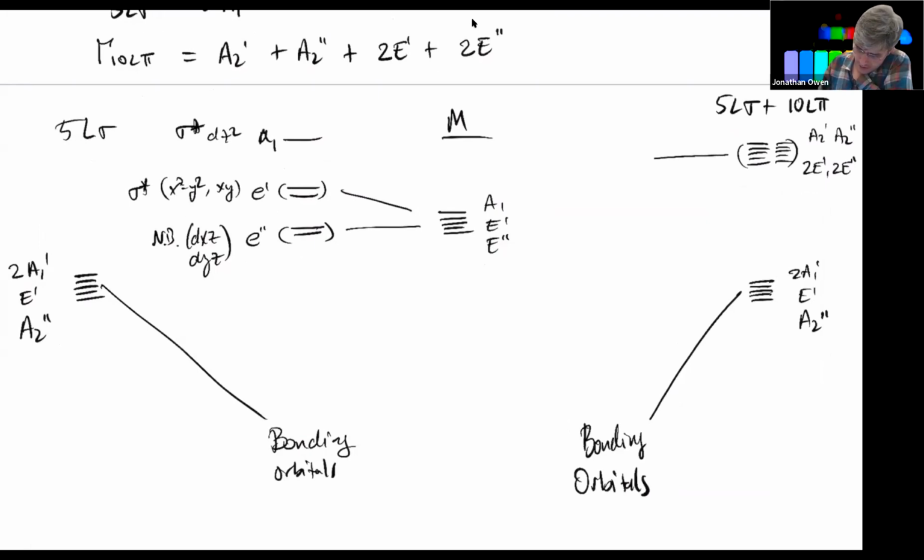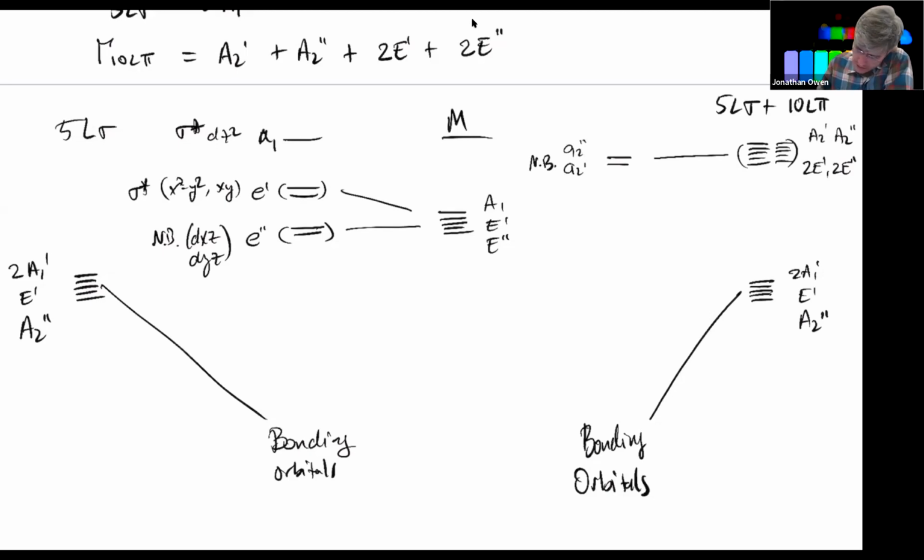I'm just going to say you have an A2 prime and A2 double prime out here that are non-bonding. Now, E prime and E double prime, there is an E prime and an E double prime over there.